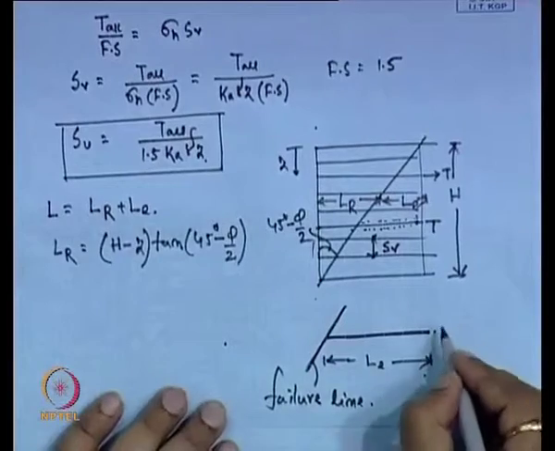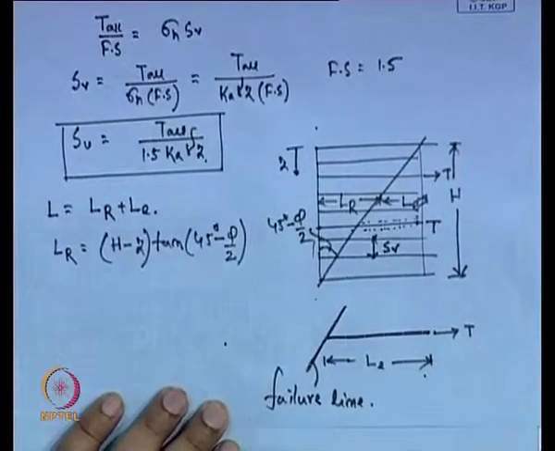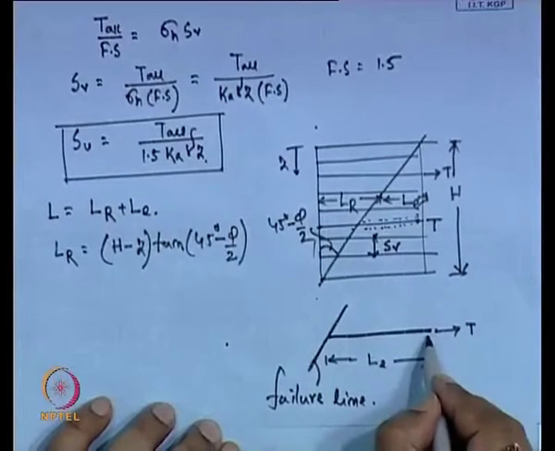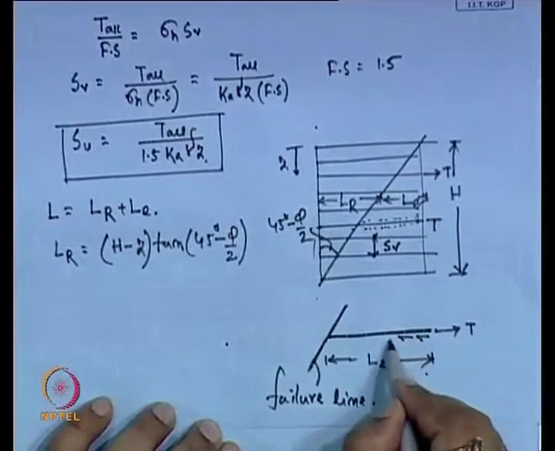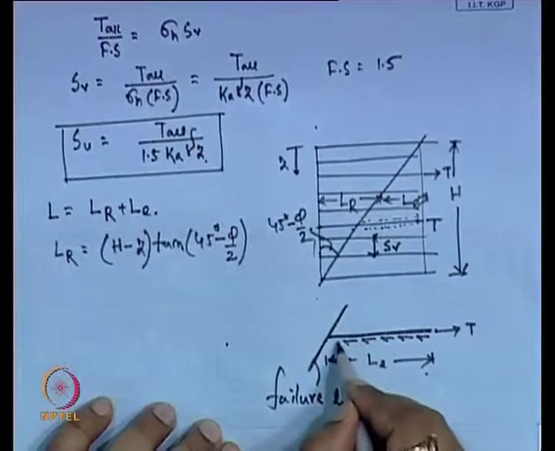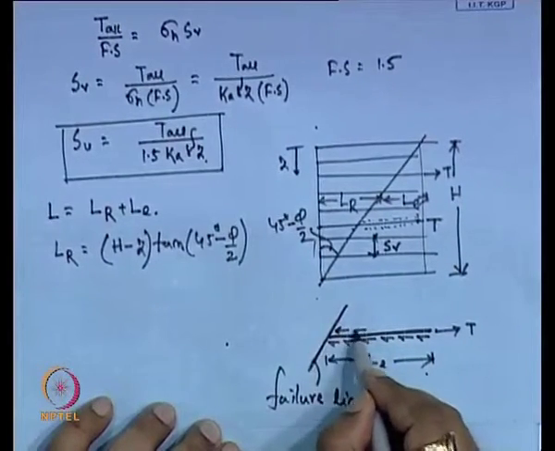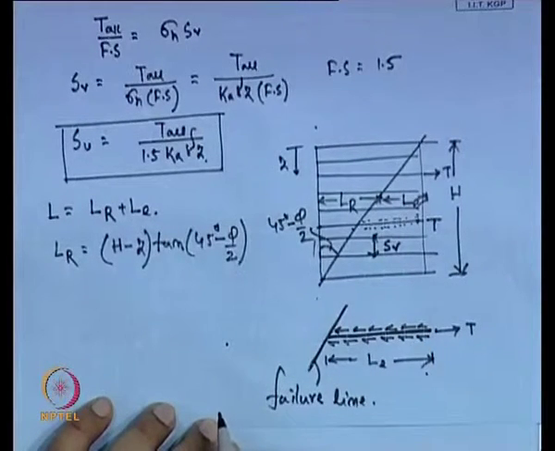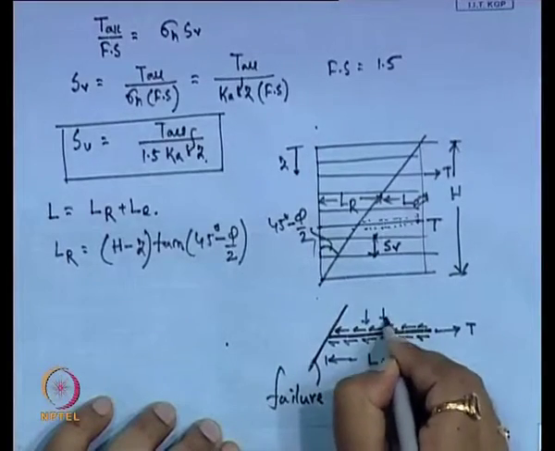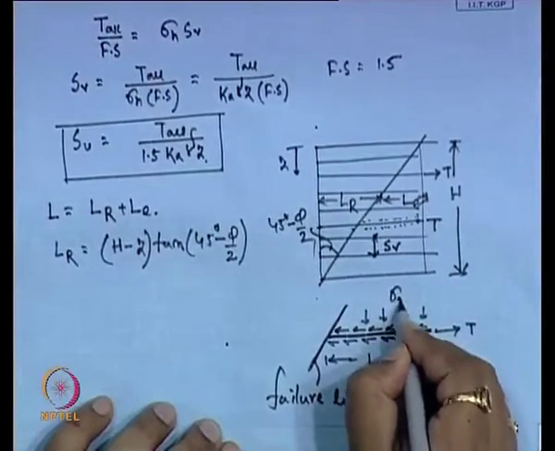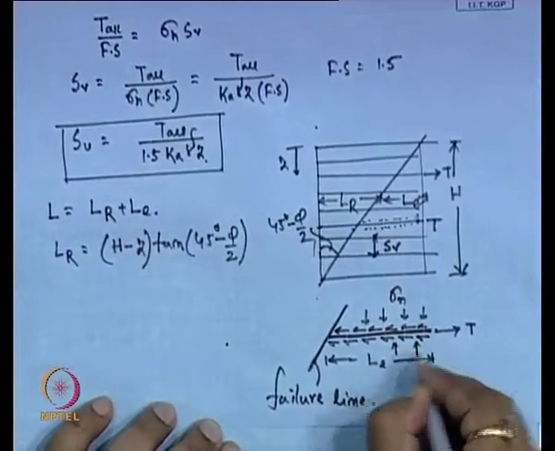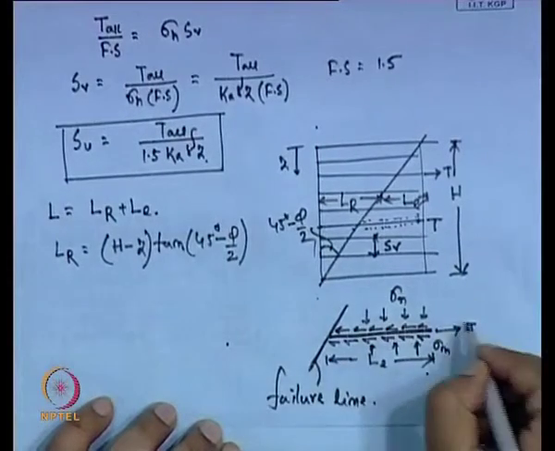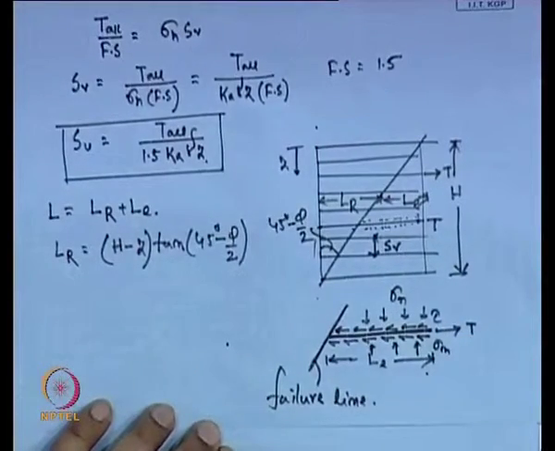So, T is the mobilized tension which is developed, and how is this counterbalanced? If T is acting in this direction, there will be a shear stress that acts between the soil and the reinforcement. Here, sigma n is the normal stress, and tau is the shear stress.